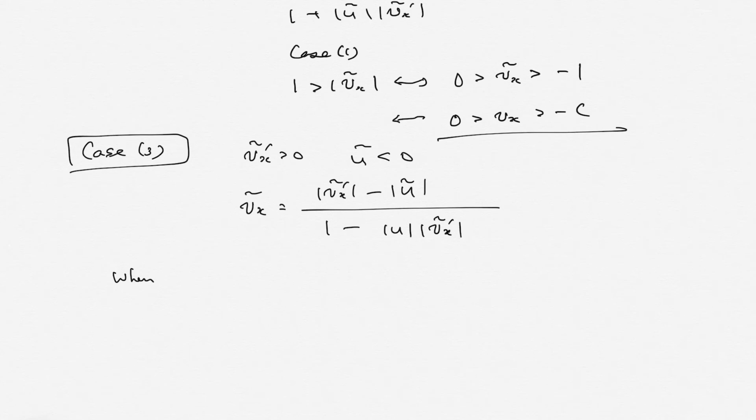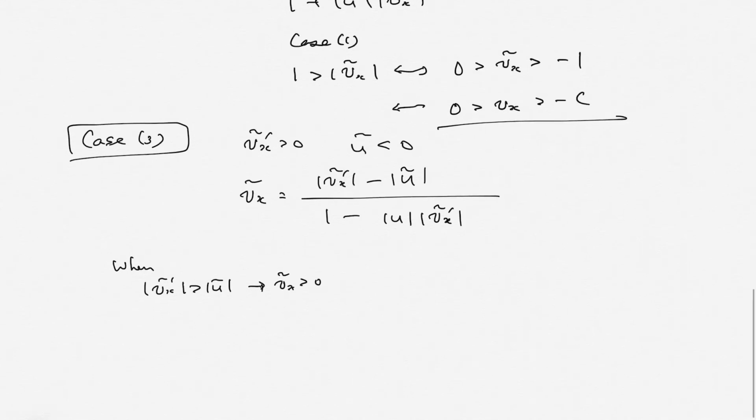When v sub x prime tilde is larger than u tilde, then v sub x tilde is positive.